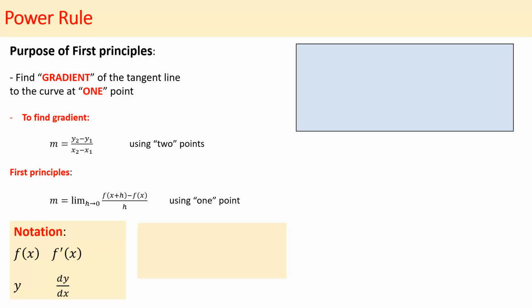Same thing with this one. Instead of y, we say dy dx. Now, if you're wondering what the d stands for, it's delta. Delta y, delta x. If you don't know what delta means, it means change. So it's kind of like what this is doing. You're going from y1 to y2, the change in y over the change in x. That's what they're trying to say. So delta y, delta x.